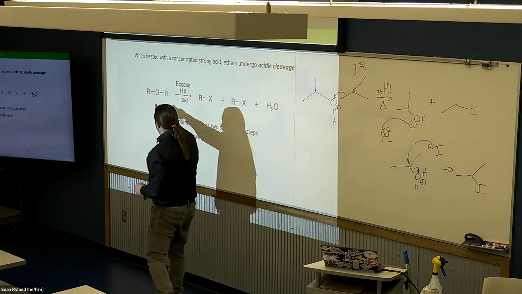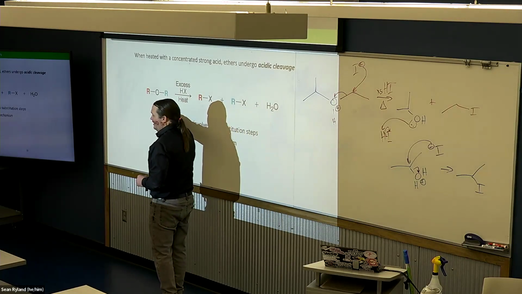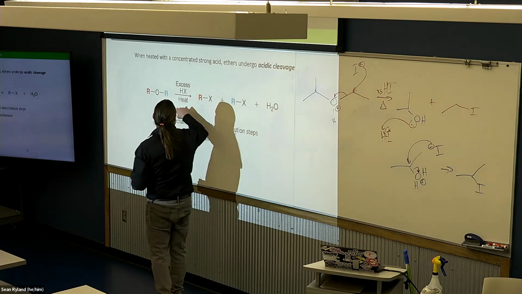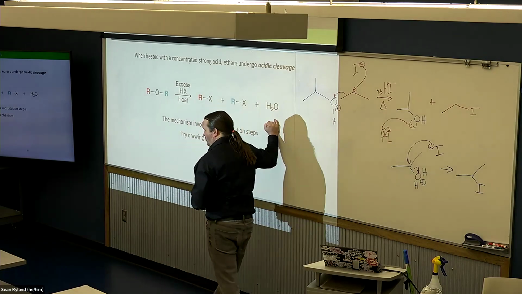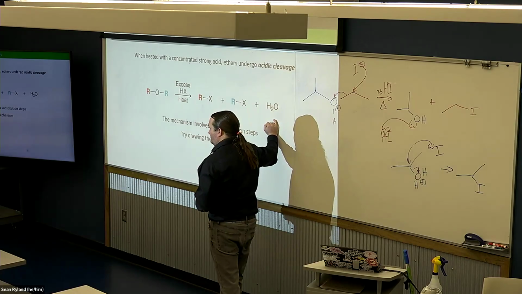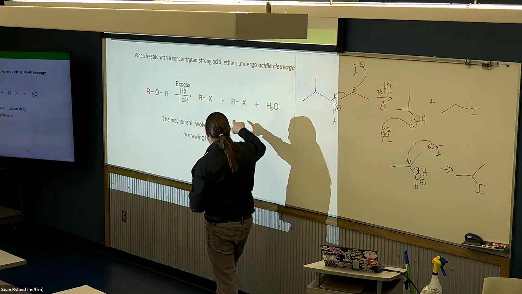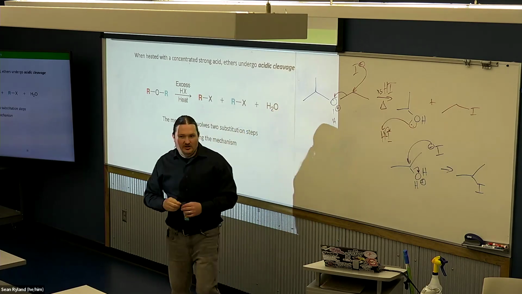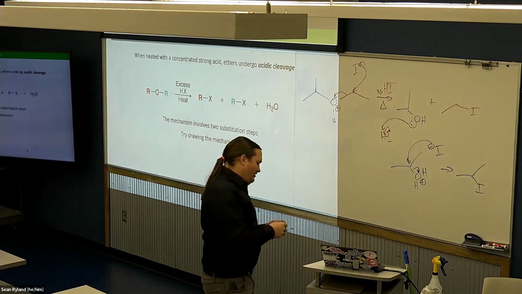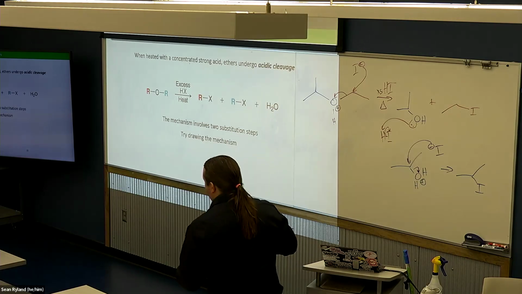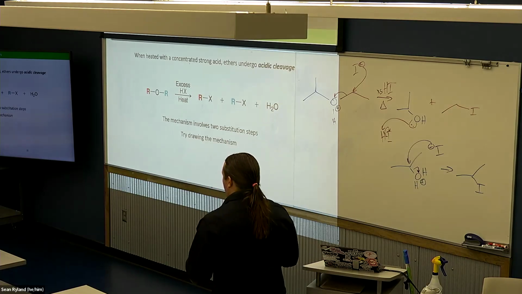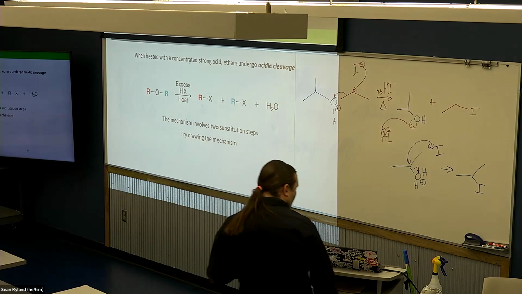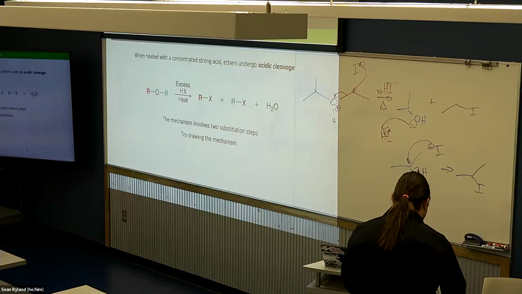We started with one object here and made three, broke it up into a bunch of different pieces. So the heat favors this side. We don't necessarily need heat for the Williamson ether synthesis, because we're trying to make something into one larger object. We don't usually want high temperatures for that.